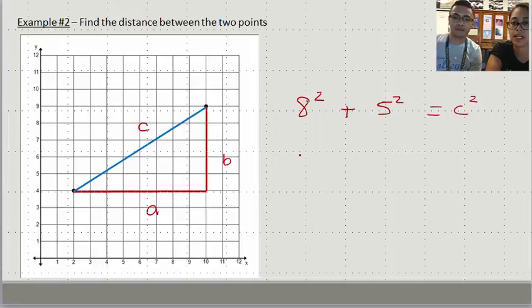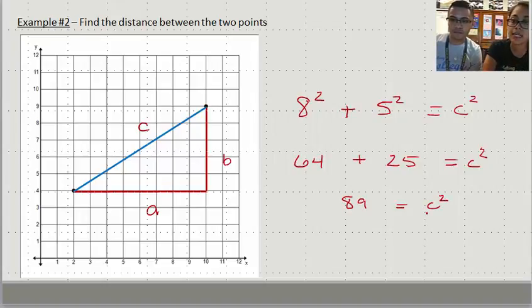Okay, so again, 8 squared is 64 plus 5 squared, which is 25, should give us C squared. If we add 64 and 25 together, it should give us 89 equals C squared. In order to get C by itself, we have to square root both sides. And C equals 9.43.